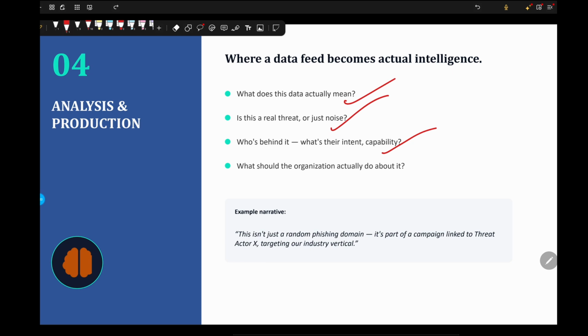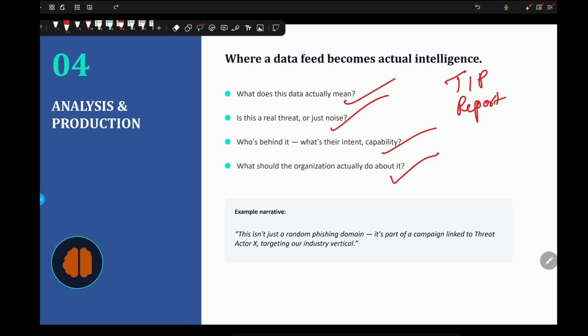And the last question is, what should the organization actually do about it? It's really important, because you have collected the data, you did the processing, and you did all the analysis. You should know what you're going to do with it, right? Sometimes you may be asked to push into a TIP platform, or maybe you can create a report based on what you have collected.